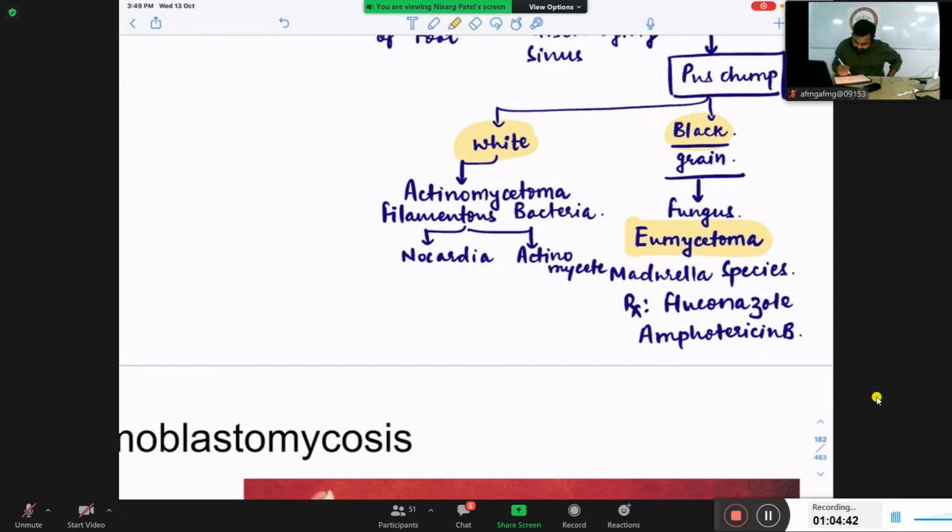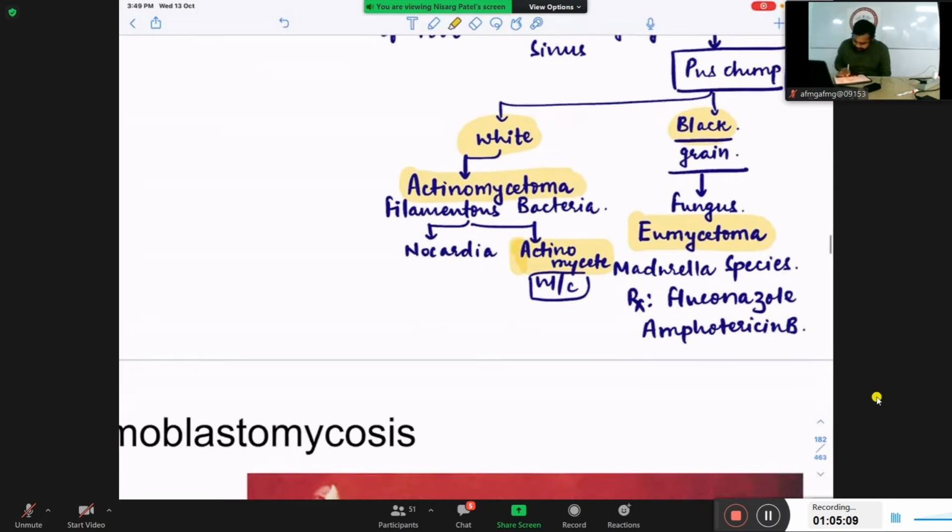But which will be more common? Actinomyces, because that is the reason the name is given as actinomycetoma: the most common cause of this is Actinomyces. But remember, Nocardia can also cause actinomycetoma.